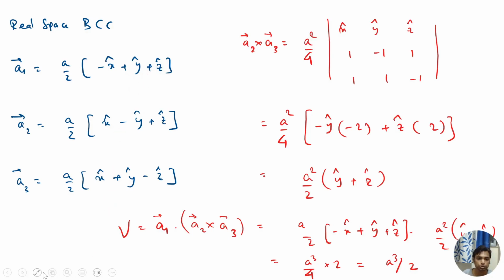What this means is, you can think of it as a times minus x cap by 2 plus y cap by 2 plus z cap by 2.